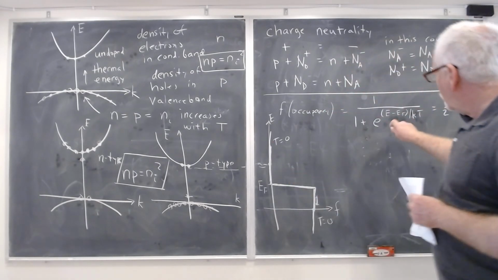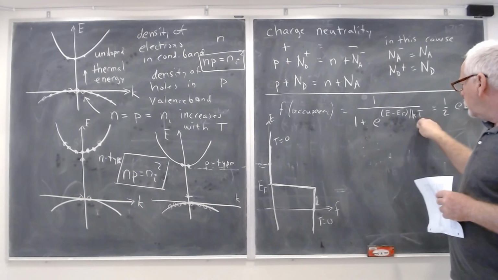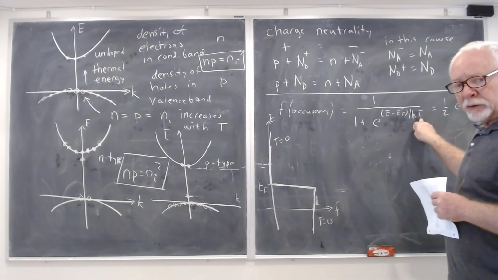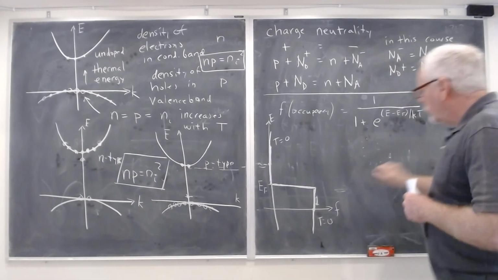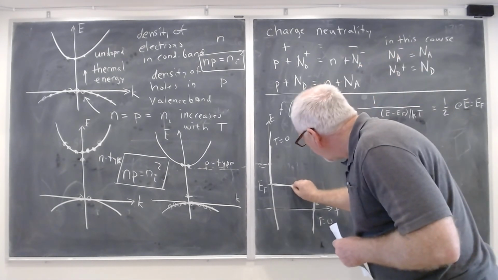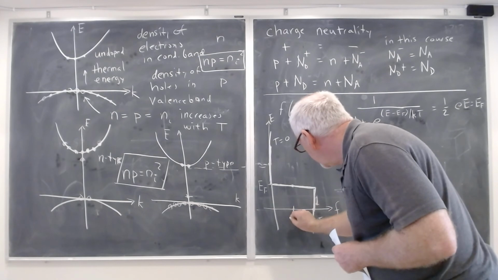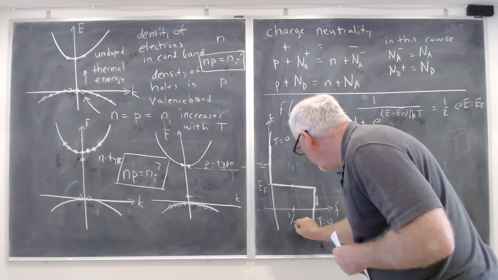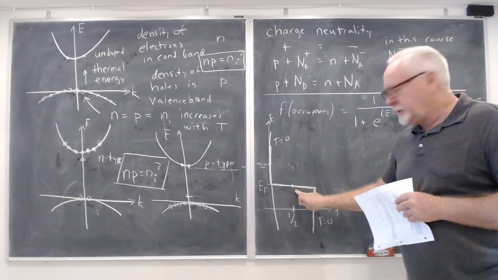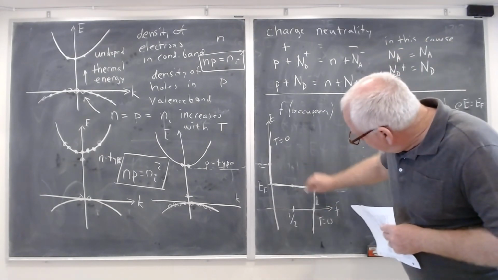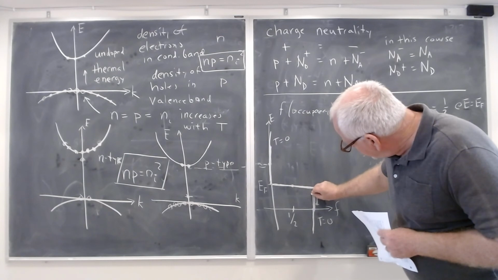Now, this is at t equals 0. Now watch what happens when you make t finite. You make it non-zero here. Now what's going to happen is that it's always going to be 1/2 at EF as I raise the temperature, but this is what it looks like.